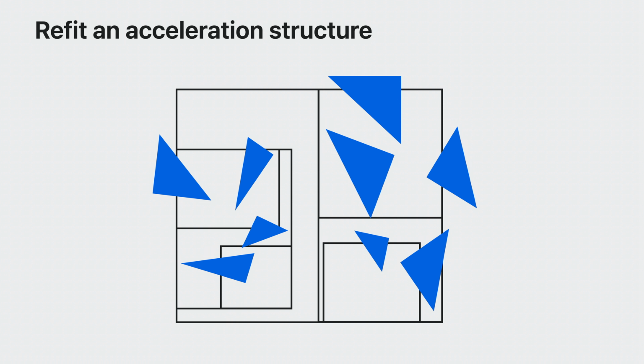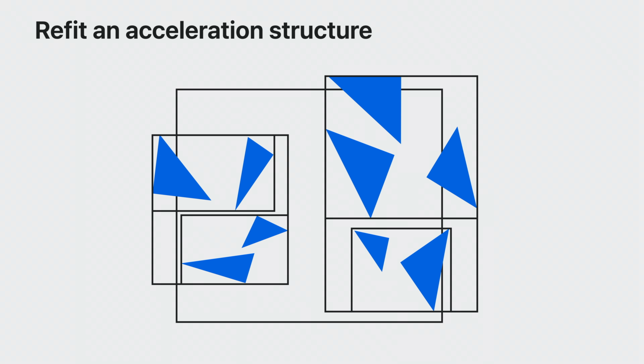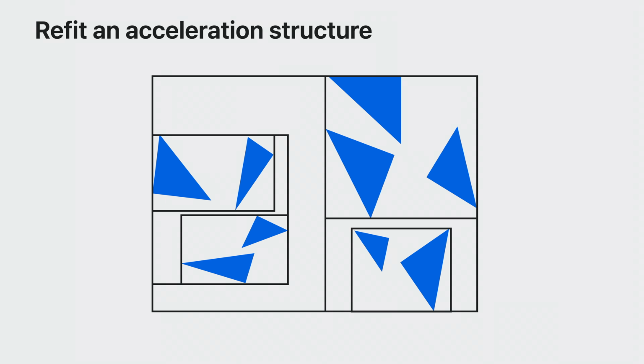But if the geometry only changes slightly, then the hierarchy might still be reasonable. Instead of building a new acceleration structure from scratch, Metal can refit the existing acceleration structure to reflect the new positions of primitives in your geometry. This is cheaper than rebuilding the acceleration structure from scratch.